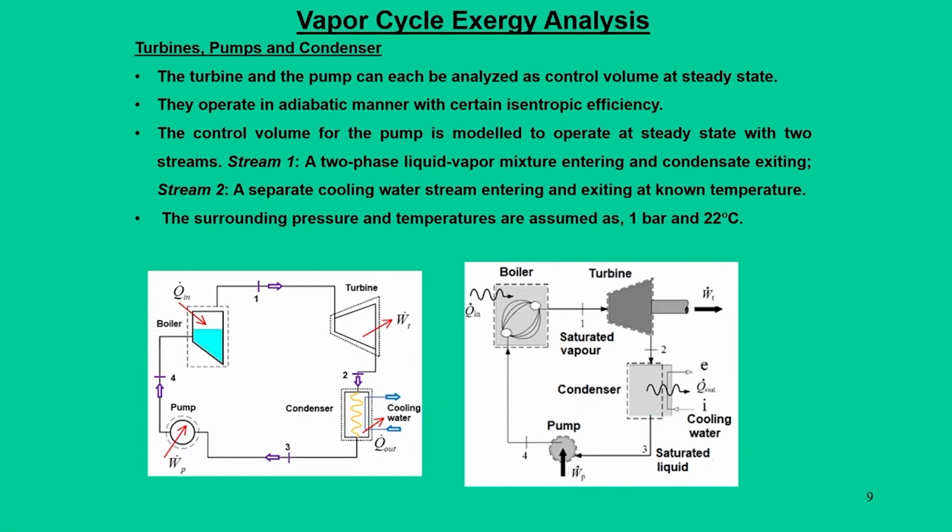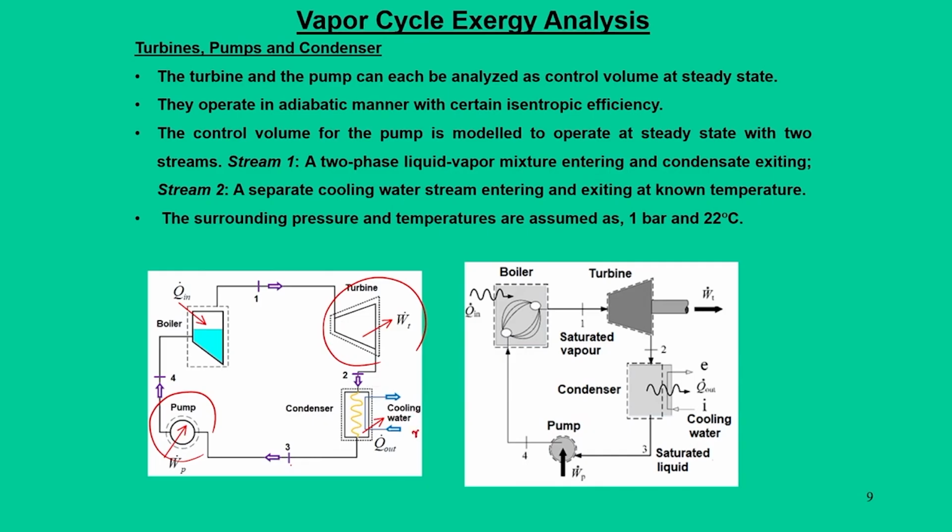And in a similar way, we can model it for other individual components like turbines, and then we have pumps. Both of them can be modeled in a similar manner, but for the condenser, we think that this is similar to the boiler, but with a little bit of difference. Here what happens is, the working fluid enters the condenser at state 2 and leaves at state 3, and during this condensing process heat is carried out by the cooling water.